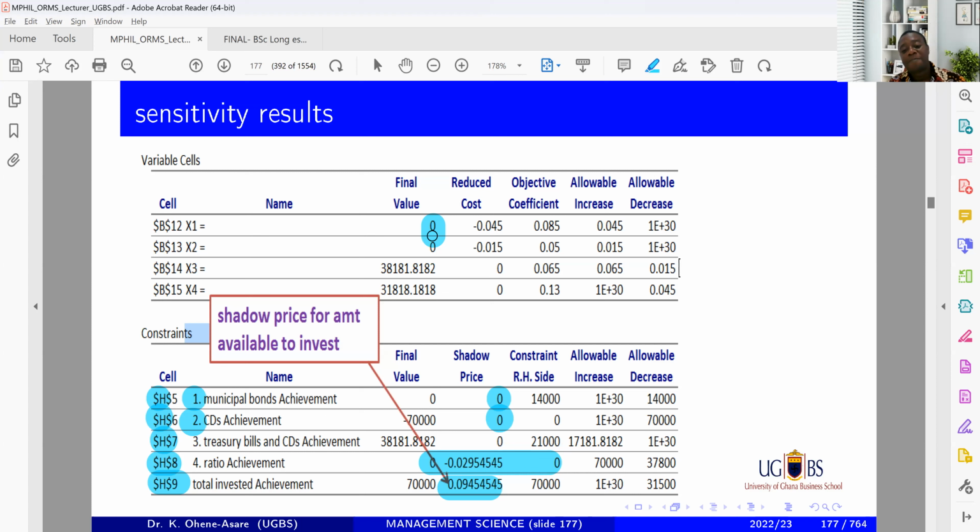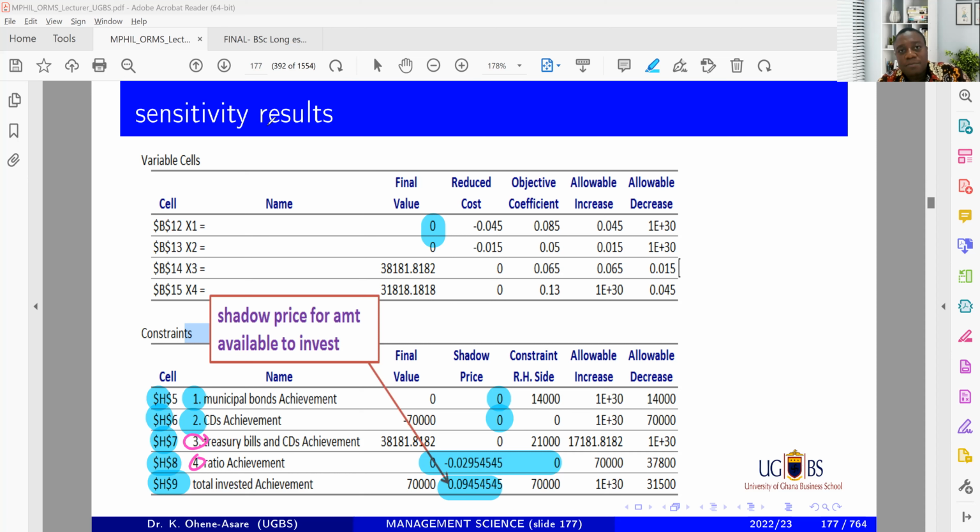This one is tricky. I'm talking about the 3 and 4, the ratio achievement and the treasury bills, this one and this one. Which one should she go for and why? Judith.